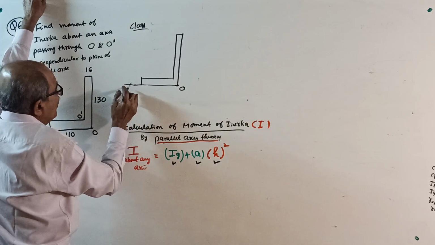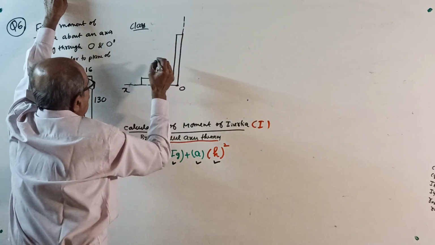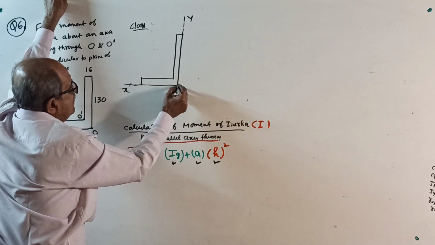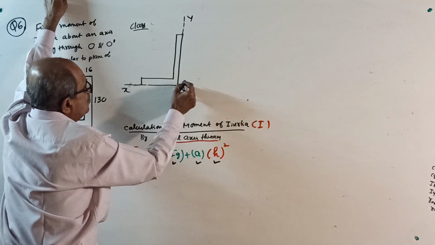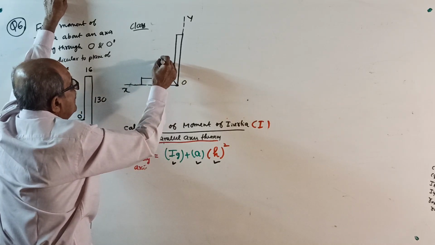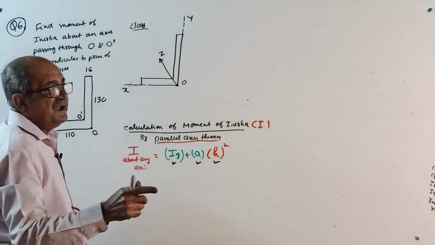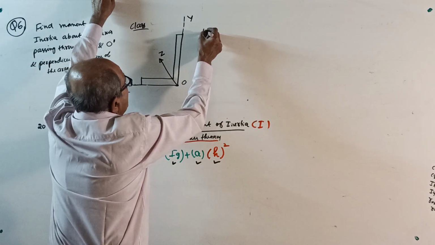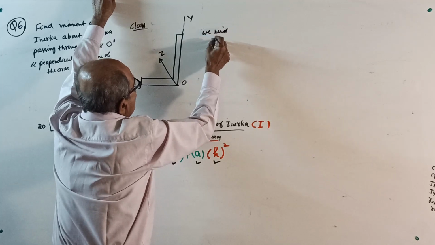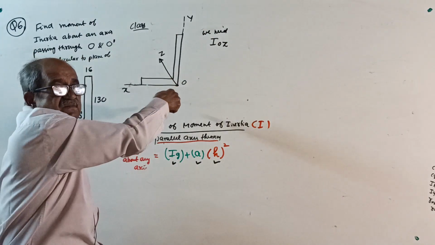Capital X or small x will do. Another axis here, OY. Then, perpendicular to the plane, I cannot show here, it is something like this, Z. Actually, this way. We need I about OZ, this way.